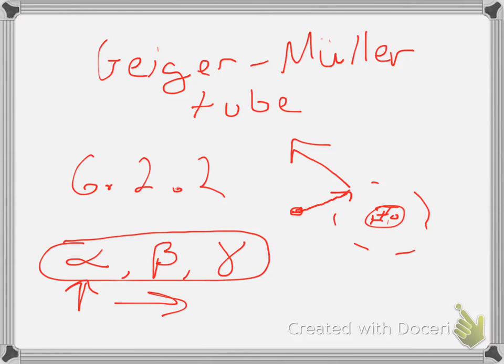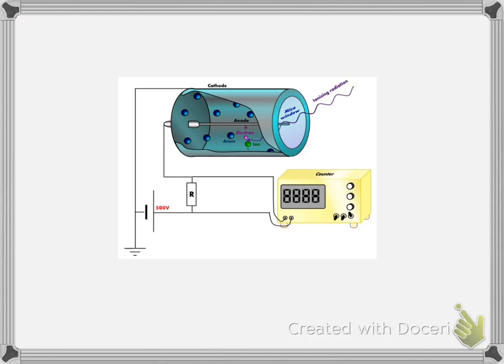So Geiger and Mueller looked at that, and they came up with a way of identifying these particles as they're created. In the next slide and in your book, you'll see a picture of a Geiger-Müller tube, and here we have one as well.